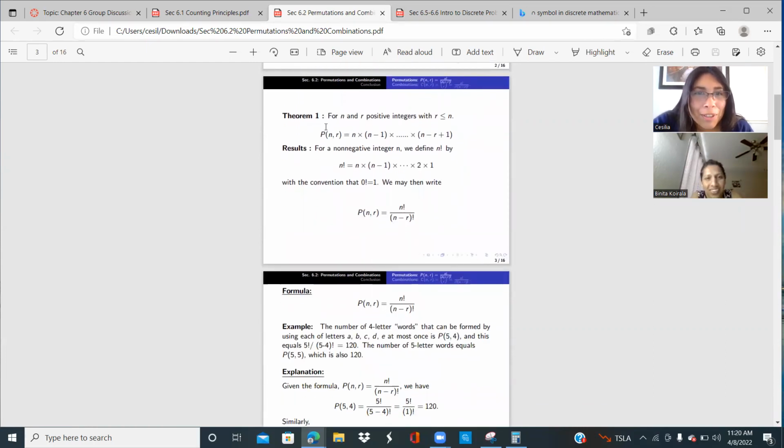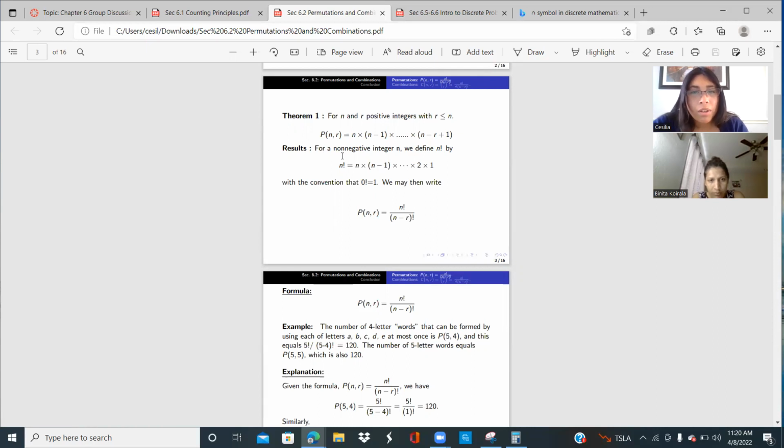Okay, so for Theorem 1, for n and r positive integers with r less than or equal to n, P(n, r) equals n times (n minus 1) times ... times (n minus r plus 1).